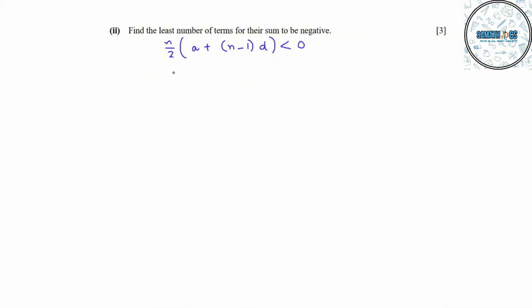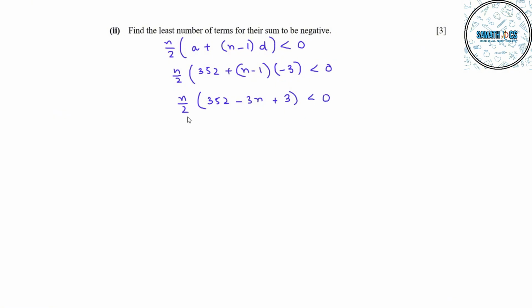Now we'll substitute the values. We have to find out the number of terms, so we take n upon 2, 2a is 352, plus n minus 1, d we have taken out as minus 3, is less than 0. n upon 2, 352 minus 3n plus 3 is less than 0.